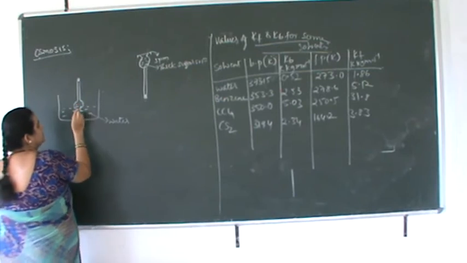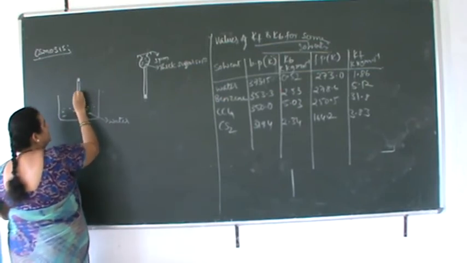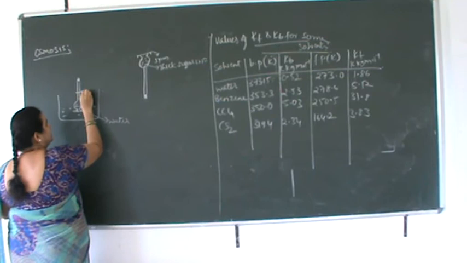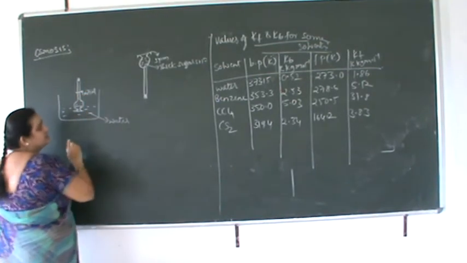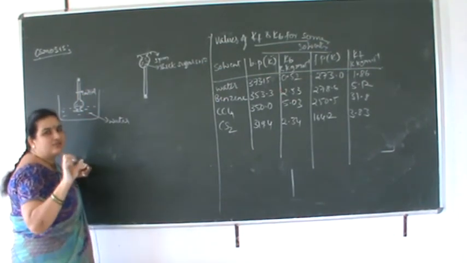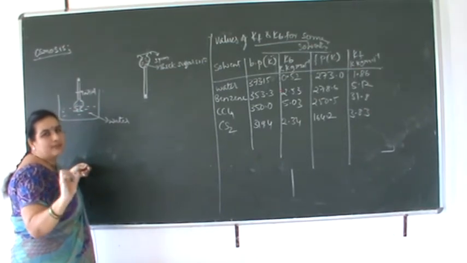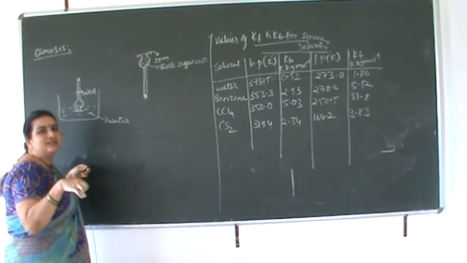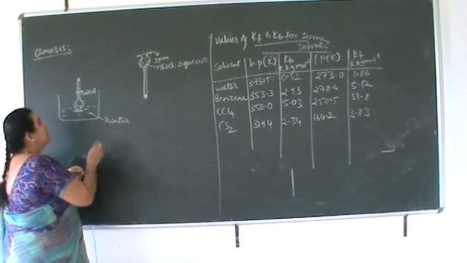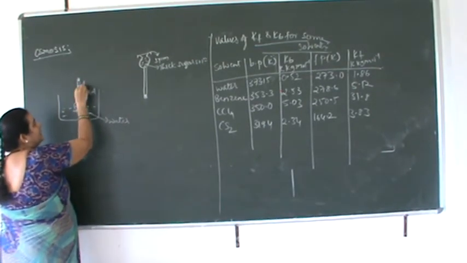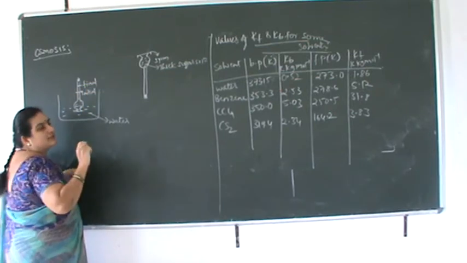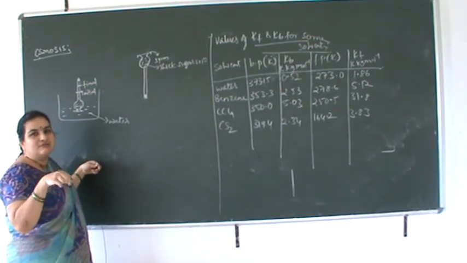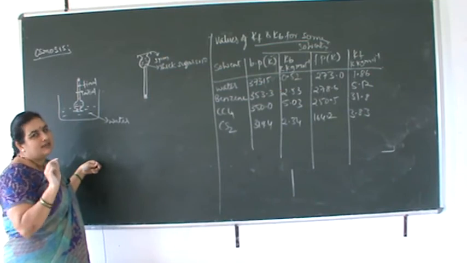When you keep the same system, that is, a thistle funnel fixed with the semi-permeable membrane containing thick sugar solution, in a beaker containing water, the level in the thistle funnel will rise to a higher level.